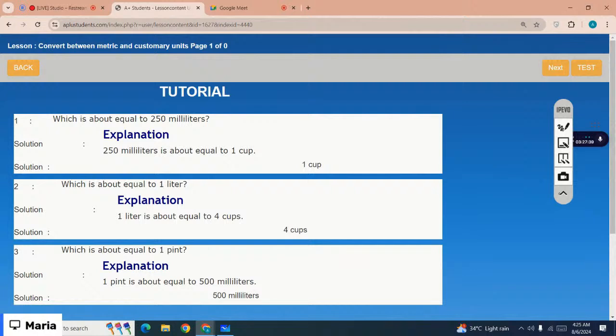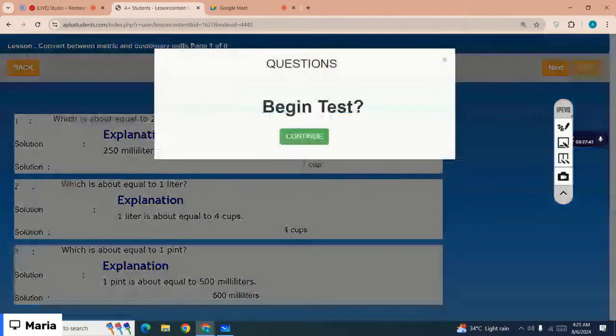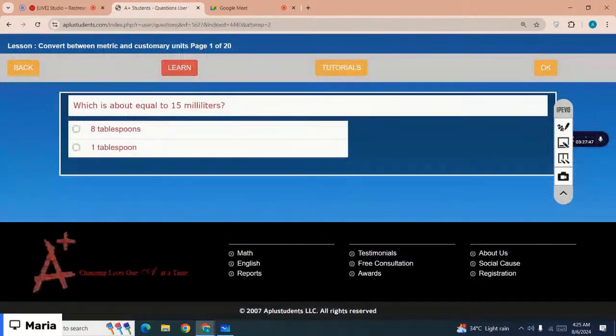Okay, let's just start with the test questions. Which is about equal to 15 milliliters, 8 tablespoons or 1 tablespoon?